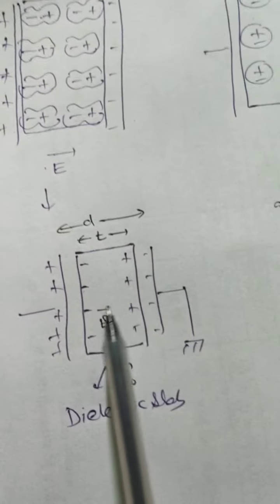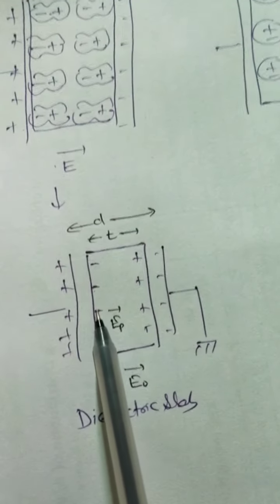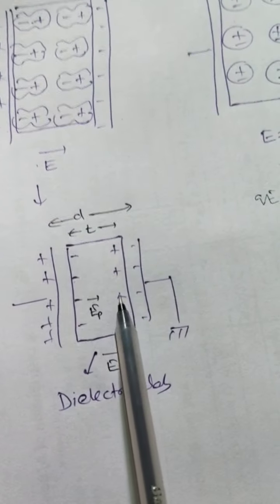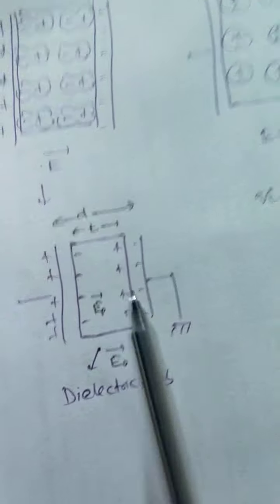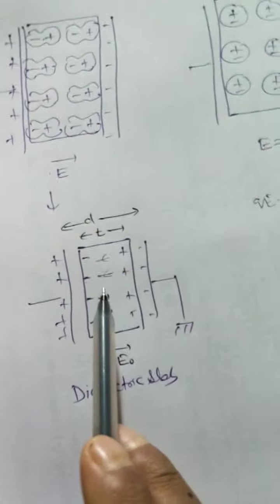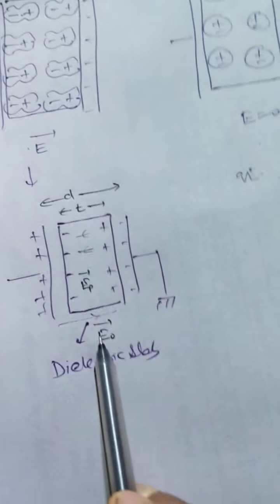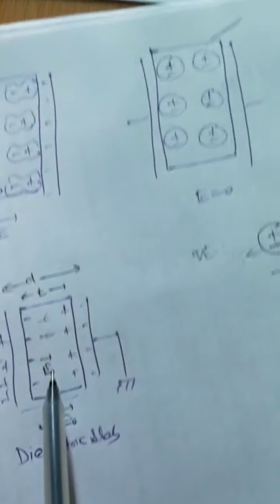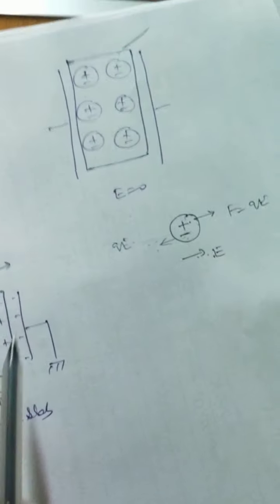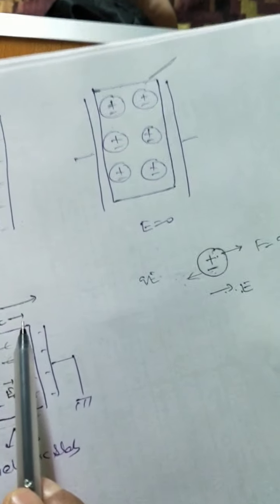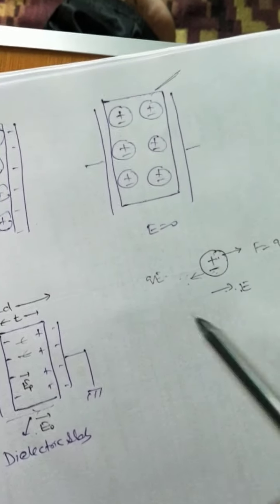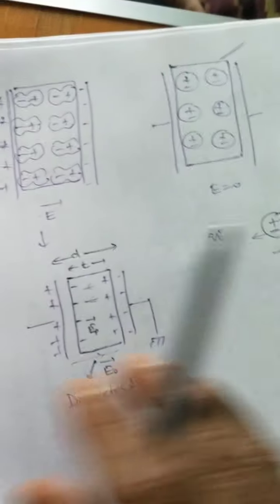This is the induced electric field EP, and its direction is from positive to negative, whereas the E0 direction is opposite, which means this field is opposing the electric field due to which it is applied. The net electric field between the plates gets decreased, and due to which potential decreases. And when potential decreases, then the capacitance will increase.